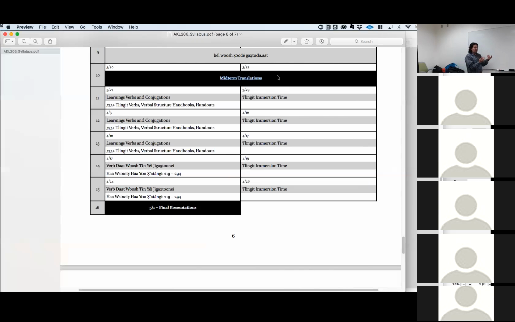In the context of a conversation, the way I would translate that is, I told him to do the dishes, and then he did them. But a literal translation would be, I told him to do the dishes, and then he did it. So I don't see translation as really a right and wrong type of thing.